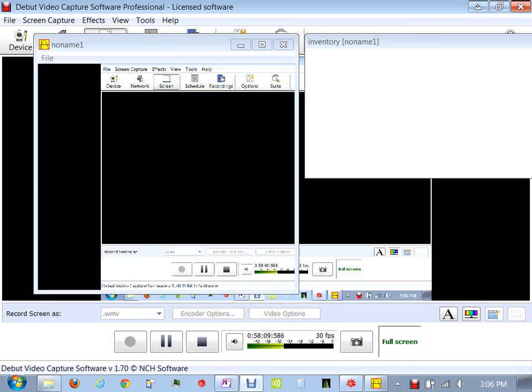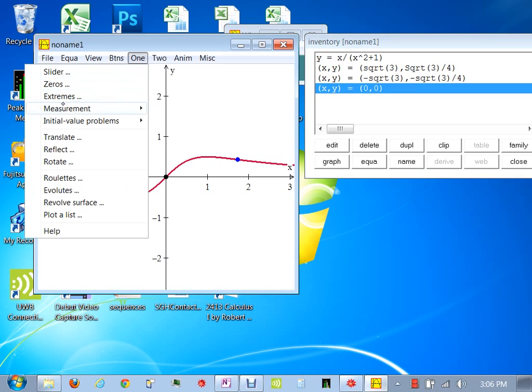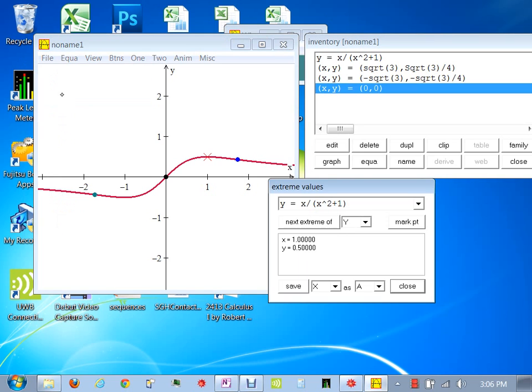All right. I wanted to show you on quiz number 2 that everyone's working on, x over x squared plus 1. This is the graph of that function. First of all, the max and min. You have one max right here. It looks like at 1, 1/2. That's your local max.